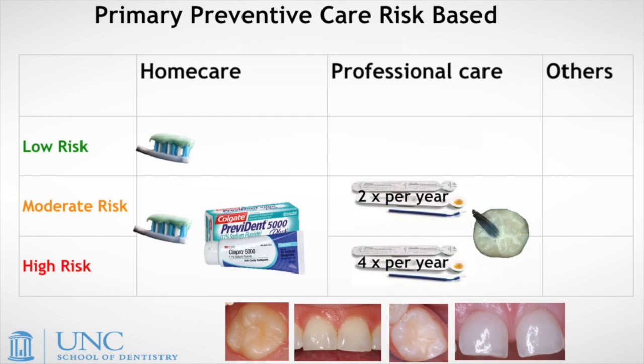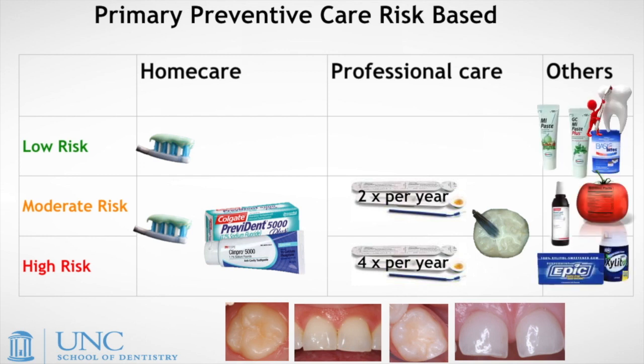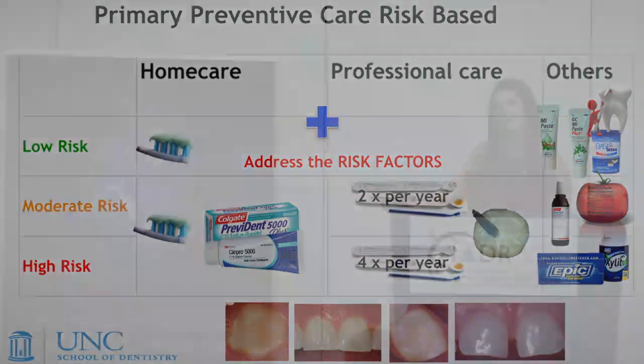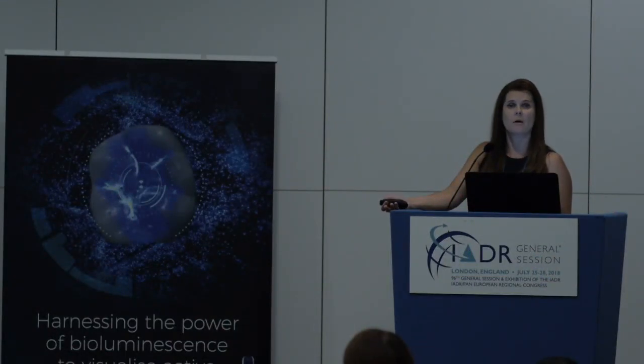And then there are several other products that are available, and thinking about modifying diet and behavior in terms of prevention. And there are several entities that are looking to help dentists, and we can see more traction on interest in doing primary prevention.